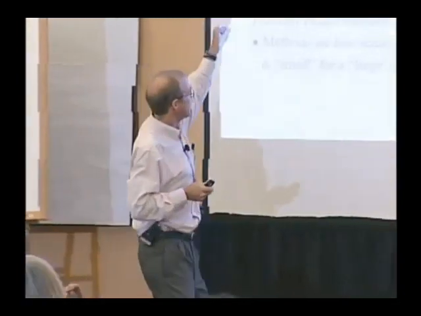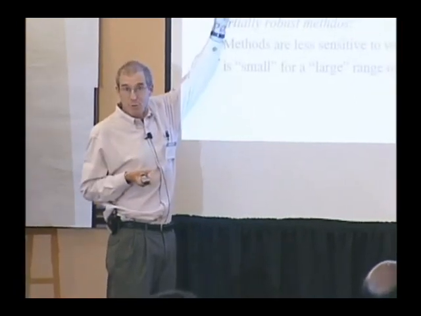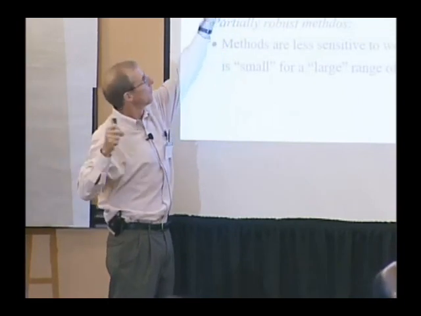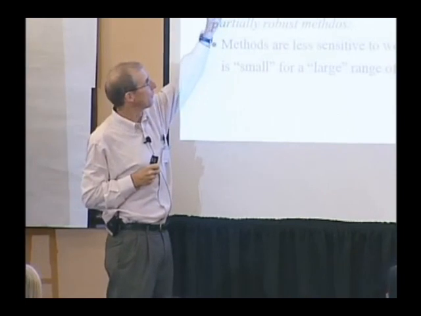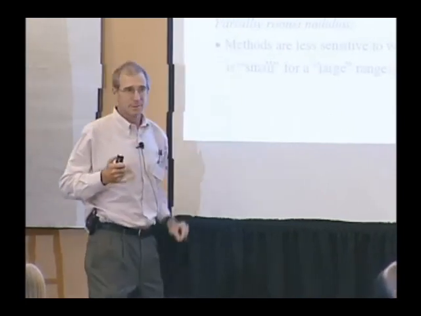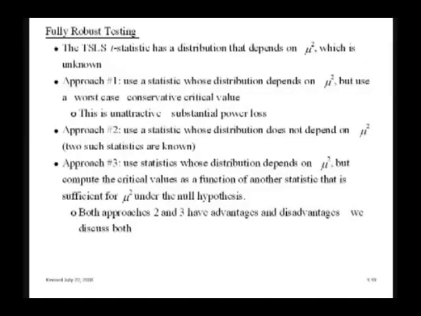And it turns out that there actually exists, in effect, a uniformly most powerful procedure, uniformly in mu squared, for hypothesis tests in the single included endogenous regressor problem, and no one has a clue about estimation. That's a little bit strong, but it's approximately true.